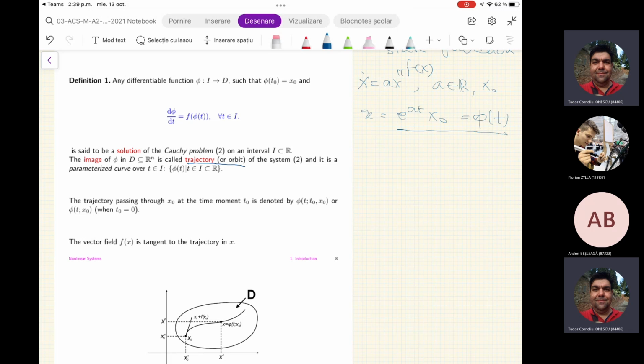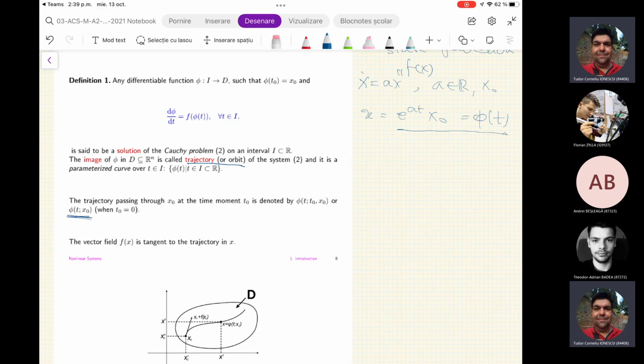So this is the trajectory defined by the solution phi t. You see there is a one-to-one relation between trajectory and solution. How is the vector field f with respect to the solution phi? Of course, it is tangent because it's a derivative.